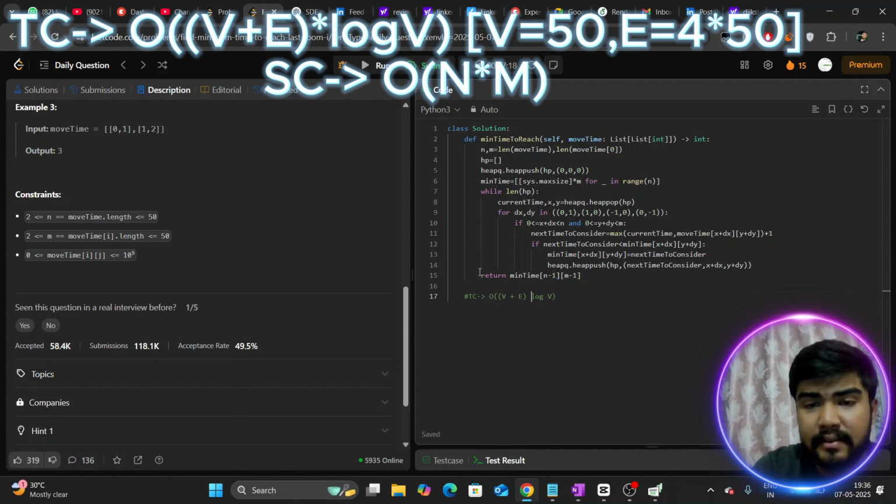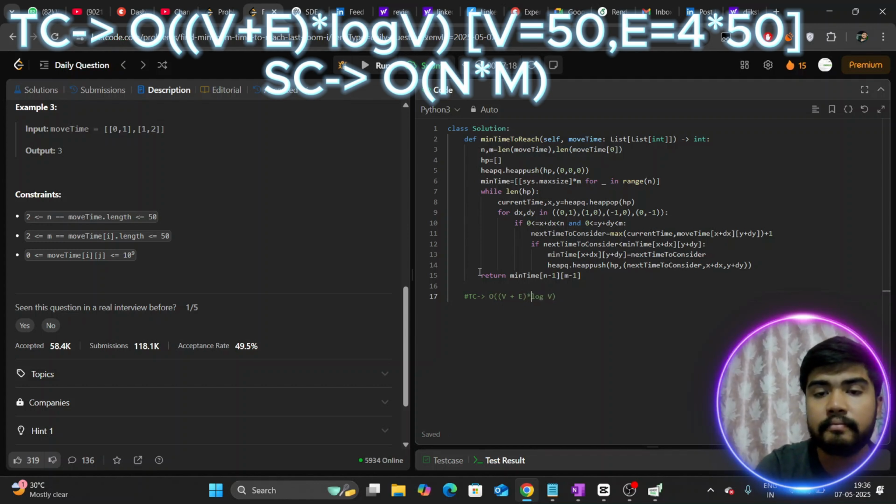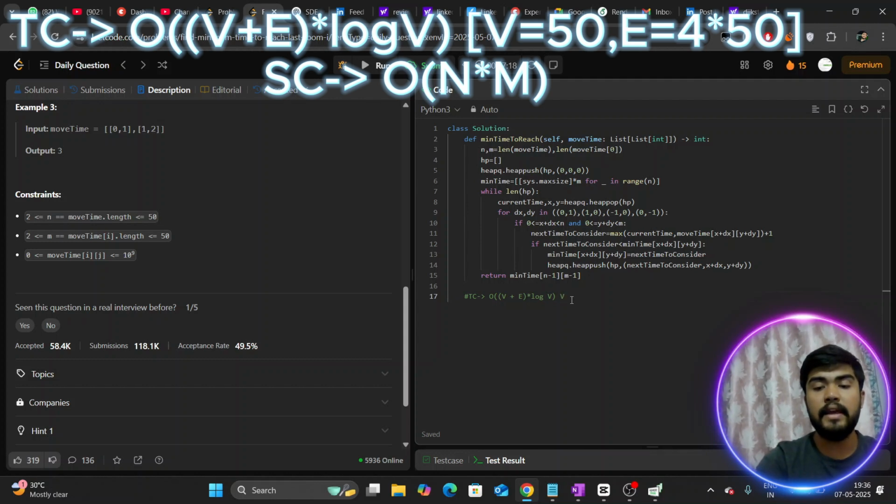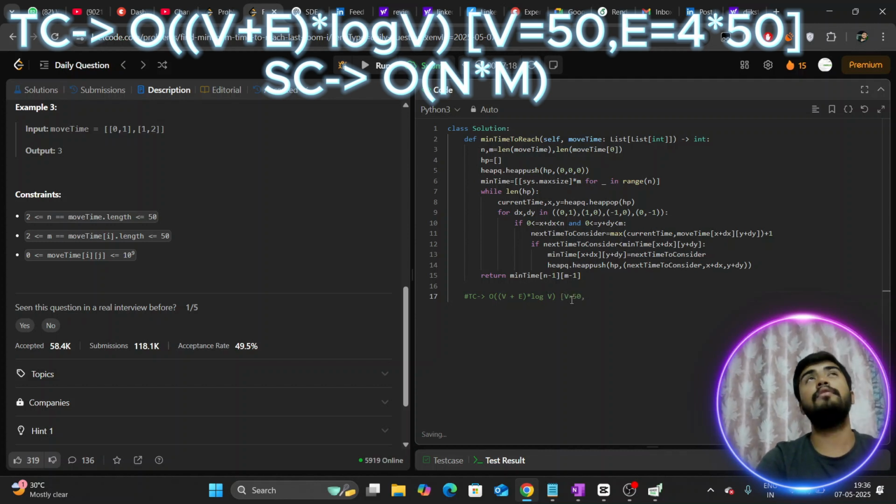And for our case, what is V? We have a total of 50 cross 50 cells, right? Now I can write it. Your V can go as big as 50 cross 50, and for your edges, how many edges can you have? For every cell you have four options, right? But for the surrounding boundary cells, you have only two options, either up or down, right?